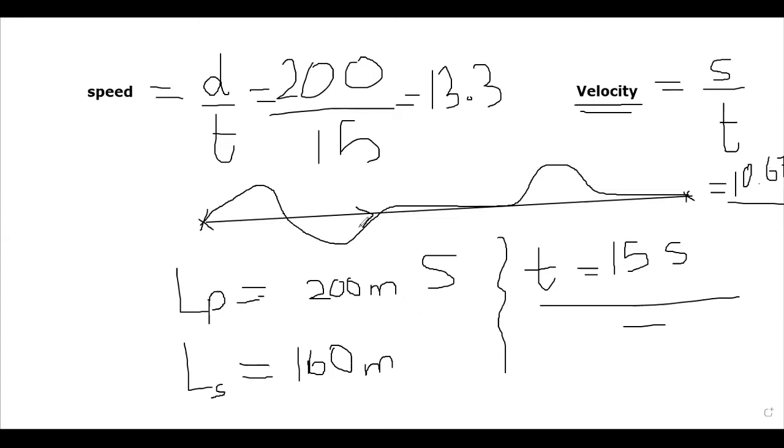Actually, I can't hear you well. I think there is a problem with your mic or your internet connection. East, exactly. We can say it's 10.67 meters per second towards the east. Okay, thank you, Mazen. So this is a way to find the direction.